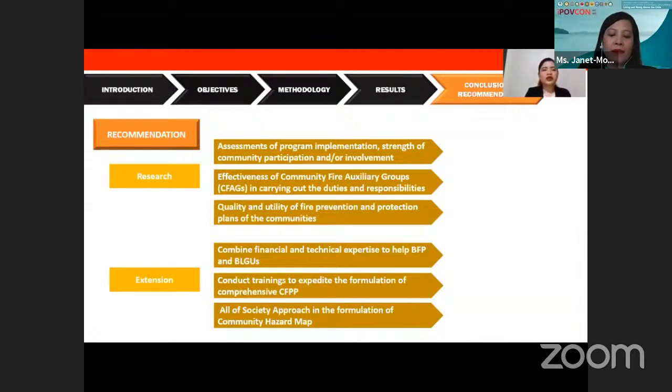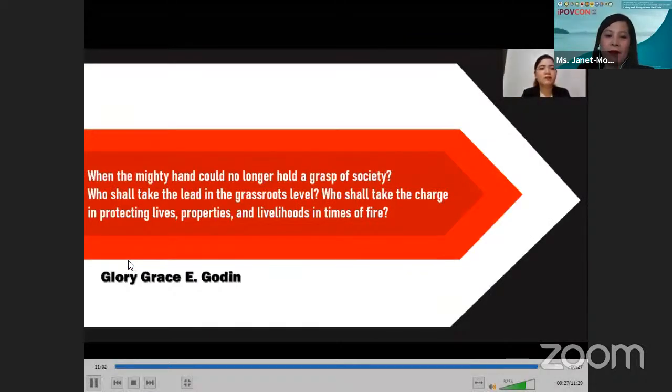And how do we do it? The research recommends that trainings, seminars, and workshops be conducted, and all sectors of the community must be tapped in order to achieve effective community-based fire prevention and risk reduction measures in the city.